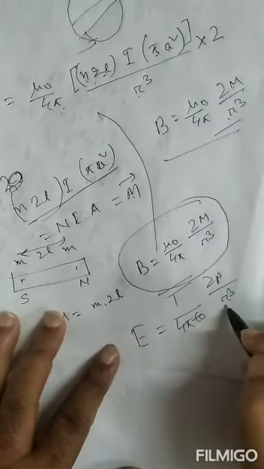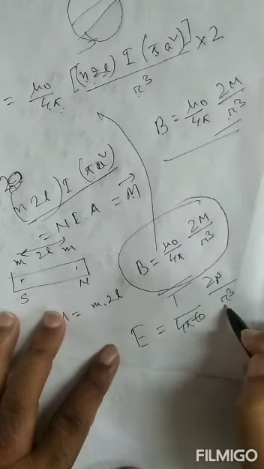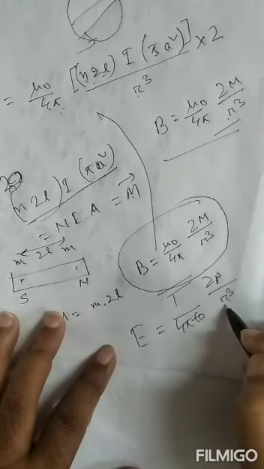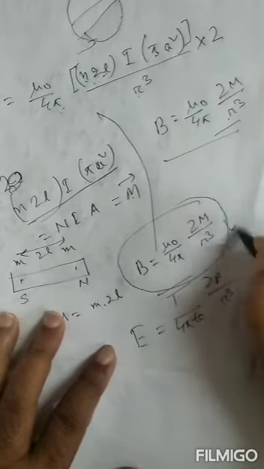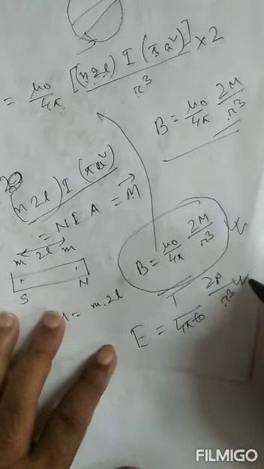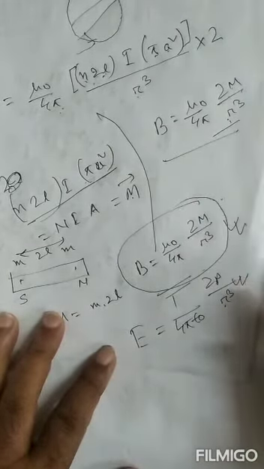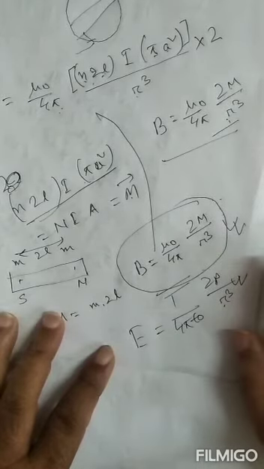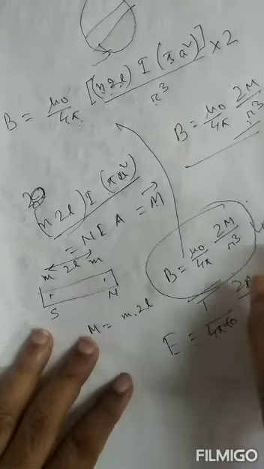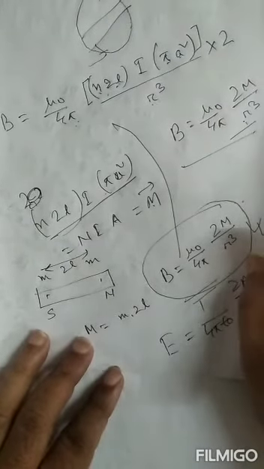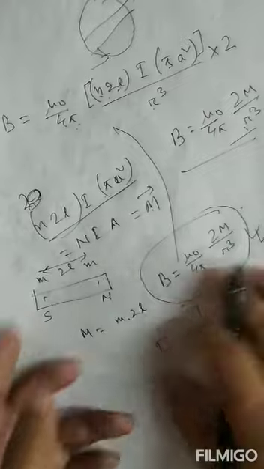Here small r is the axial point distance from the center of the electric dipole. You just see this expression and this expression are identical. Therefore, we can conclude that a current carrying solenoid behaves like a bar magnet.